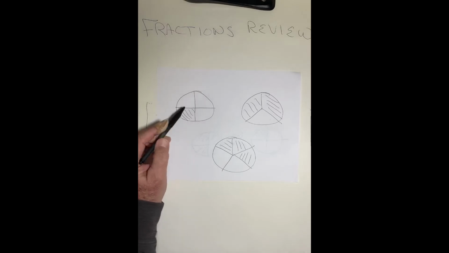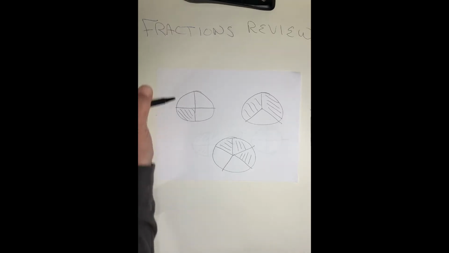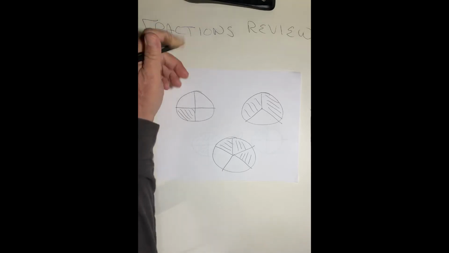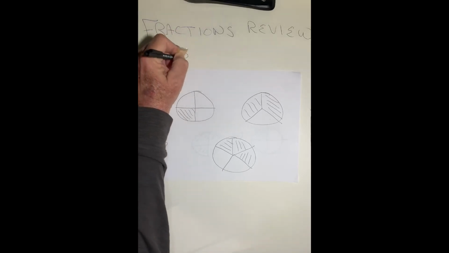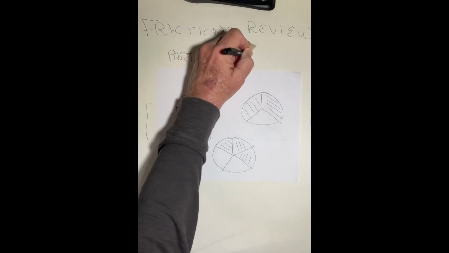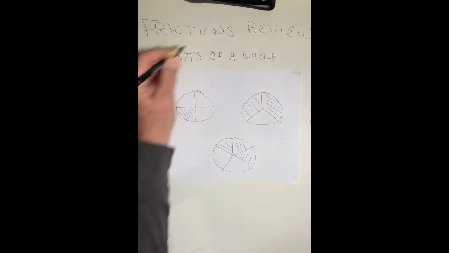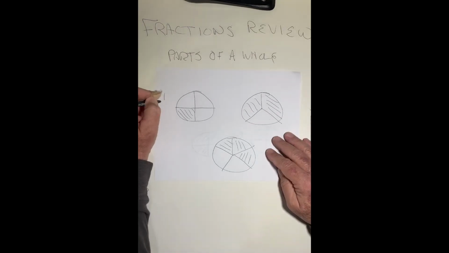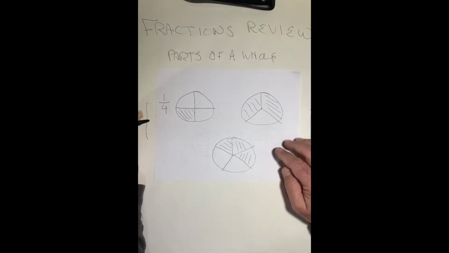First of all, fractions are parts of a whole in general. So, for example, if I have a pizza and it's cut up into 4 slices, and I eat one of those slices, then I've eaten 1 out of 4 slices.